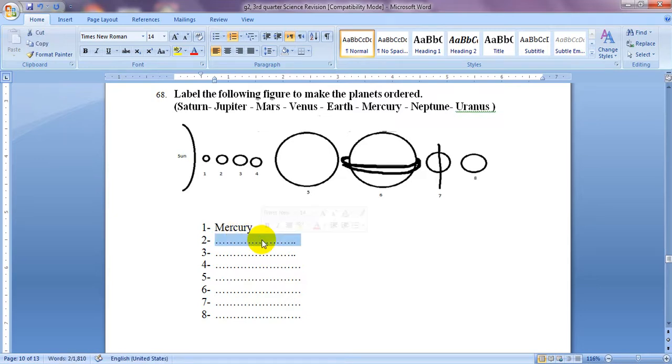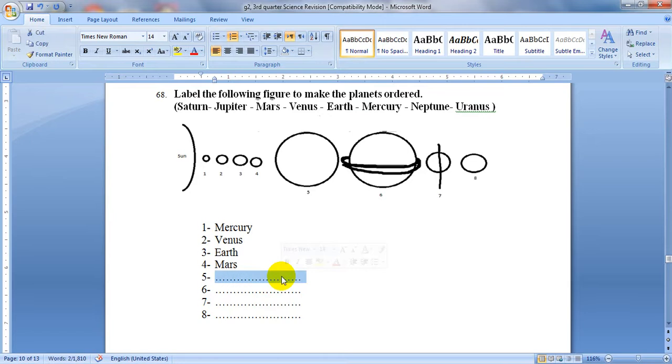What is the next planet? Venus. Then the third planet, our planet, is Earth. Then the red planet, which is Mars. Then the largest planet, which is Jupiter.